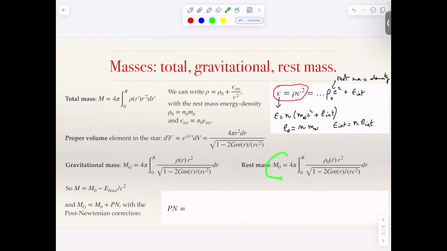So my rest mass, I can compute by using this expression. And what is the difference between the total mass of the star and the rest mass?